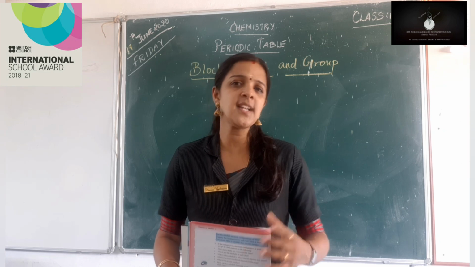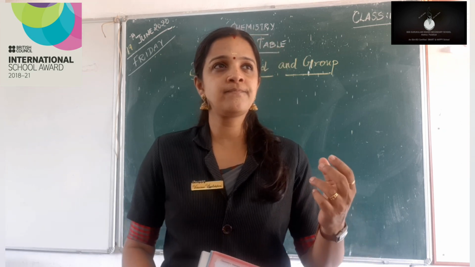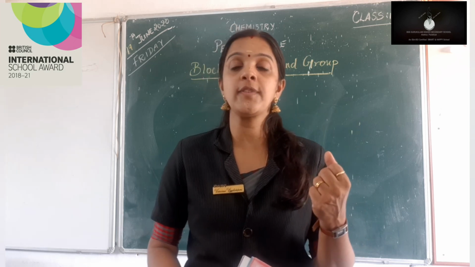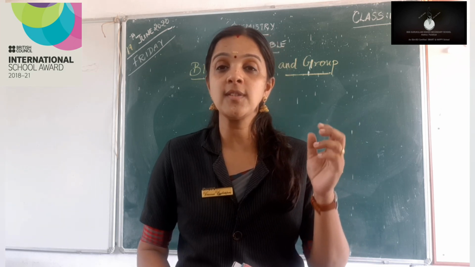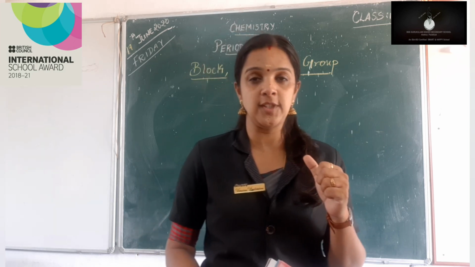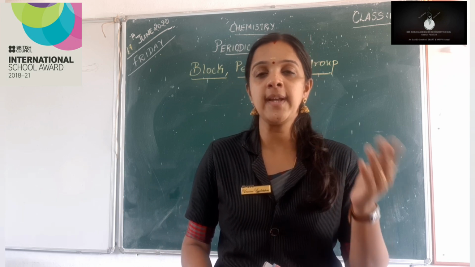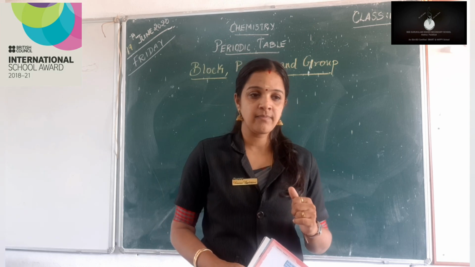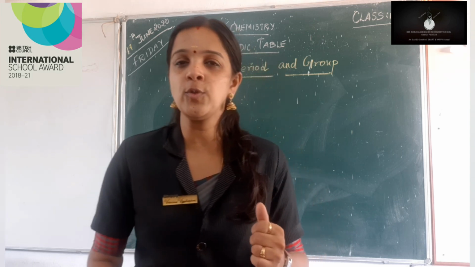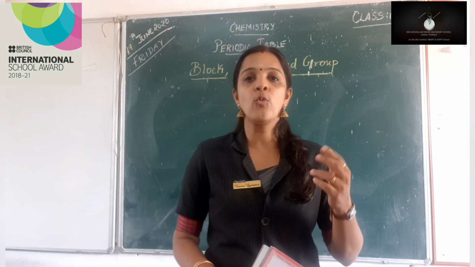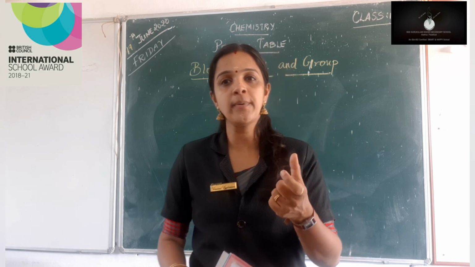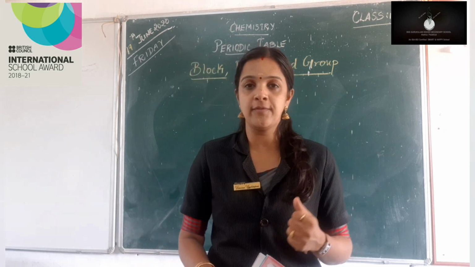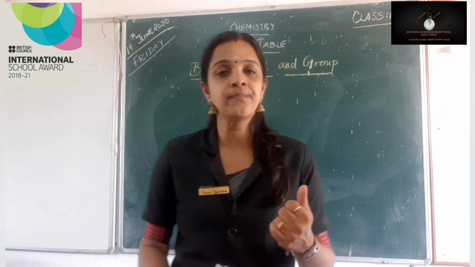Last class we were learning about subshell configuration, how to write a short form configuration, and also about some exceptional configurations, that is chromium and copper. We also saw the reason. Why are chromium and copper showing a different configuration, that is a stable configuration?